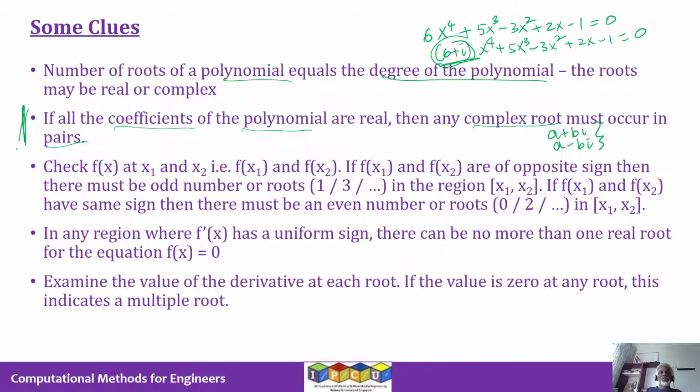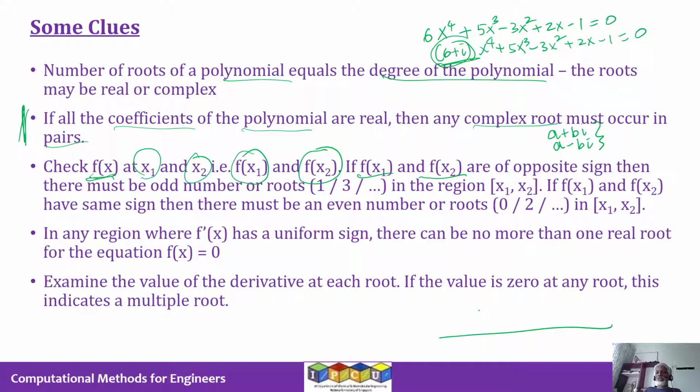Now, the third clue is you check the value of the function at x1 and at x2, two different points. That means you find out f of x1 and f of x2. If f of x1 and f of x2 are of the opposite sign, then there must be an odd number of roots in that region between x1 and x2.